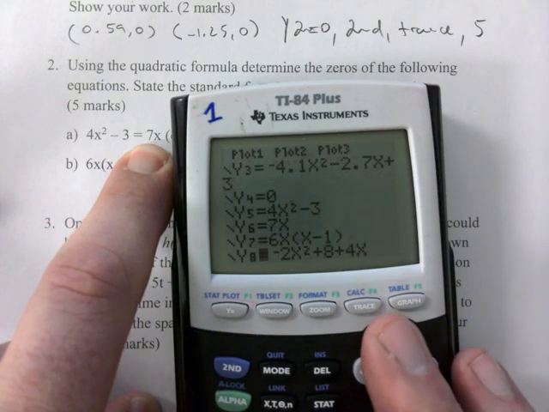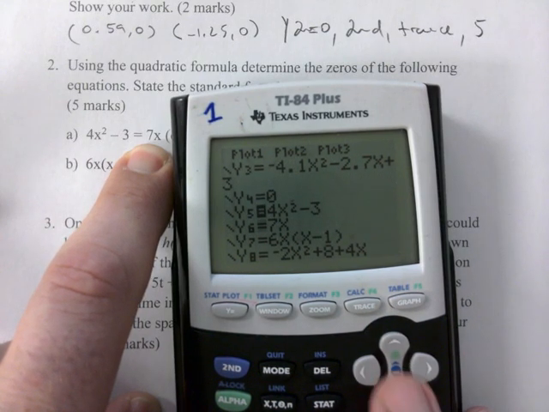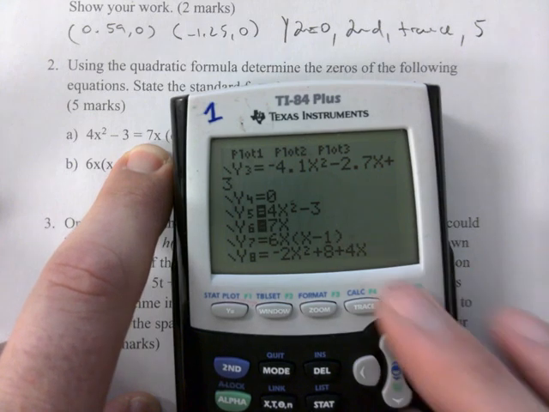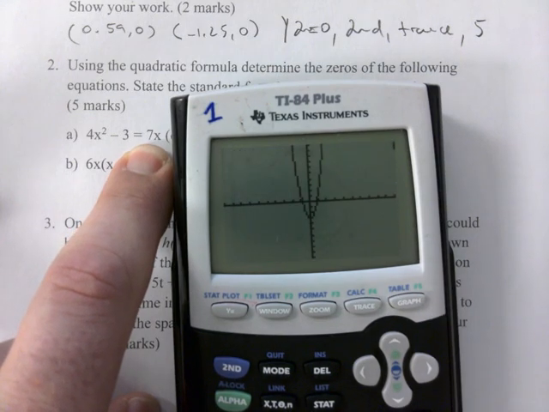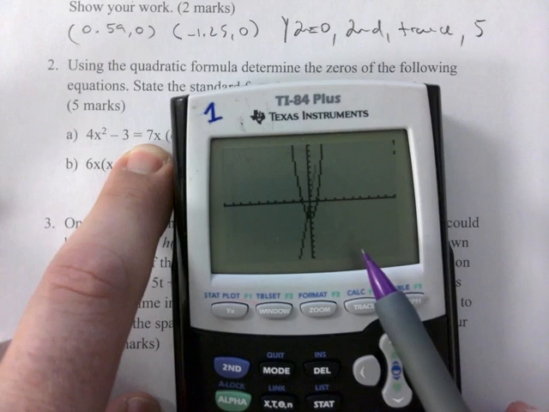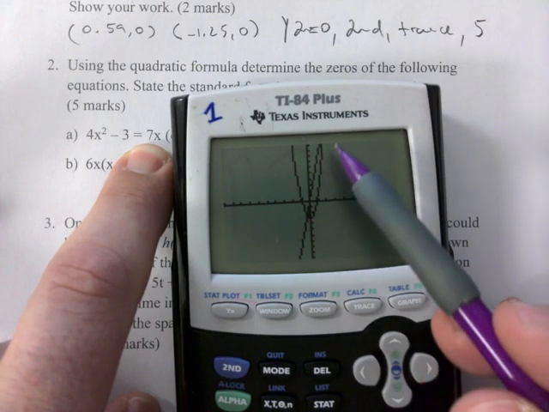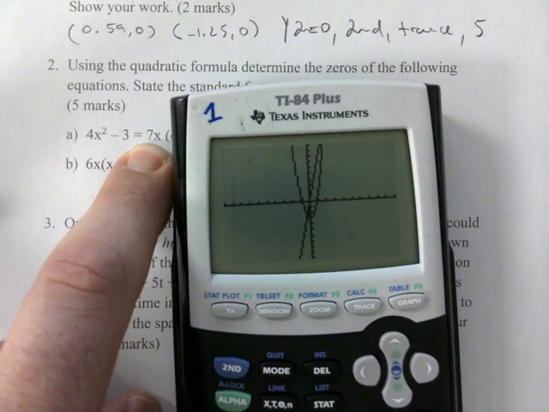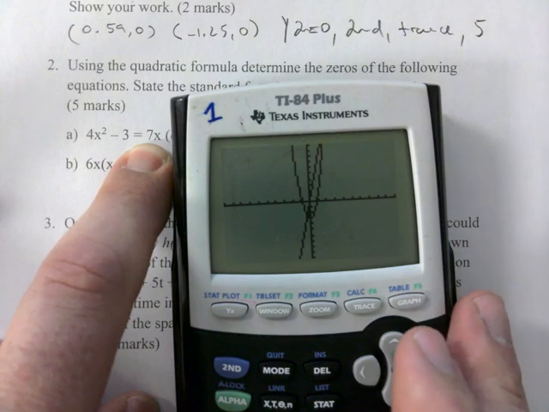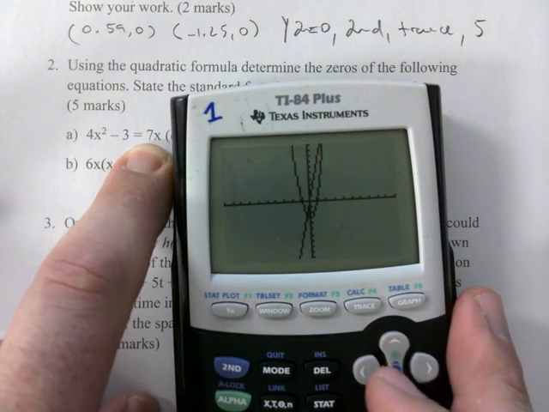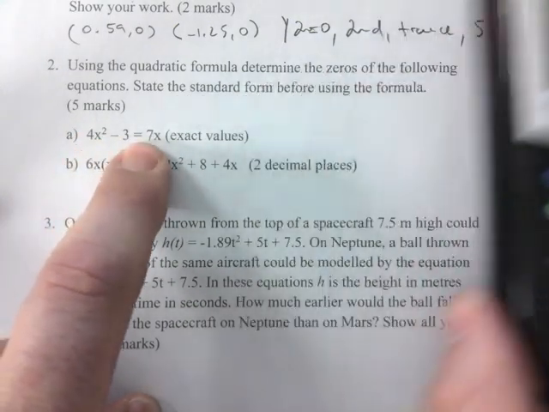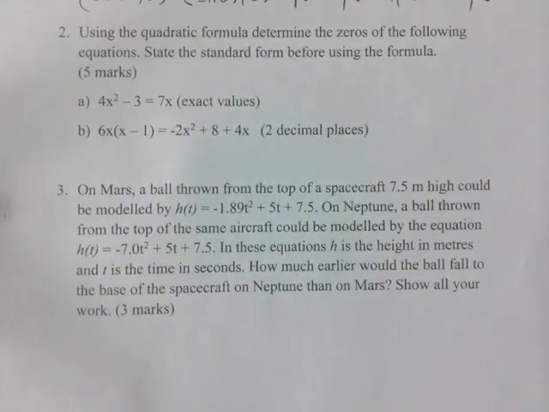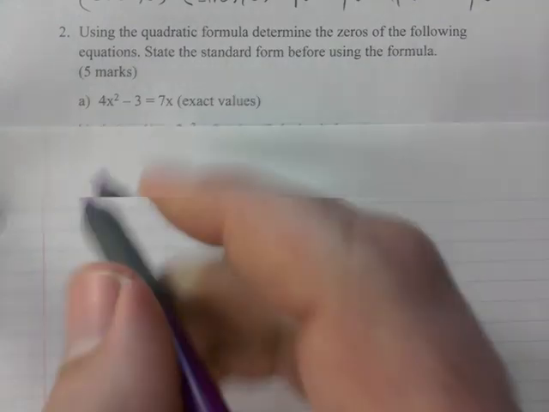So for example, I have them entered already in y5 and y6. If you find those intersections, you can check if your quadratic formula gives you the same answers. And it often doesn't take that long, right? So that's one way that you can double check, but I will do this with you.